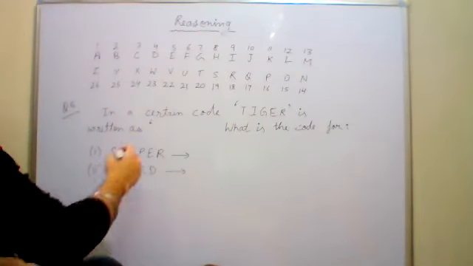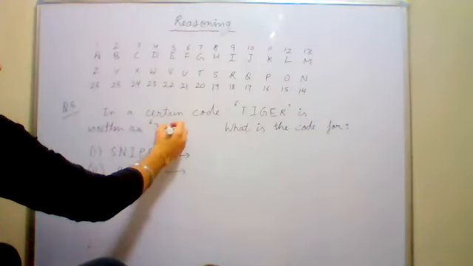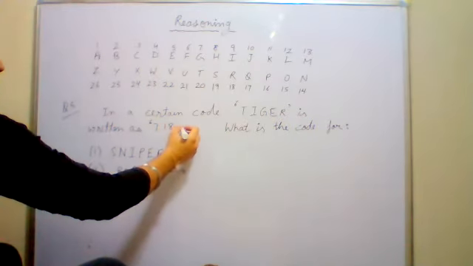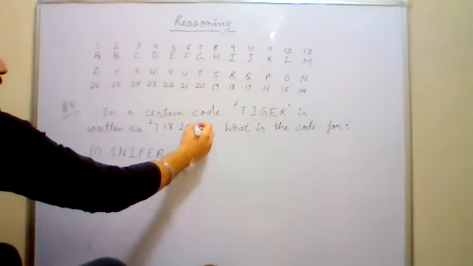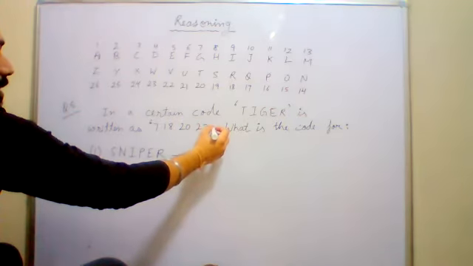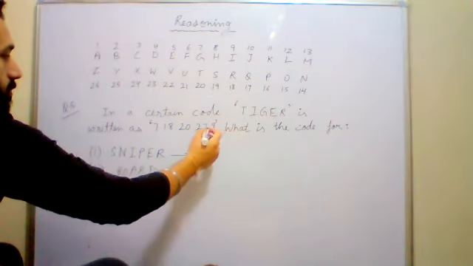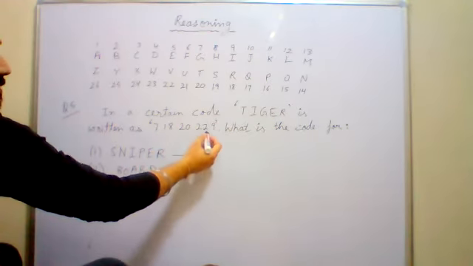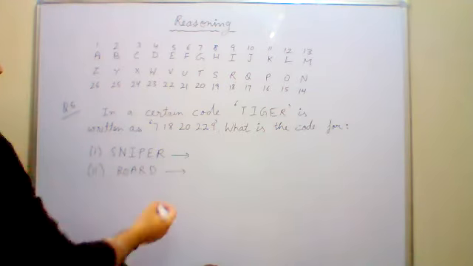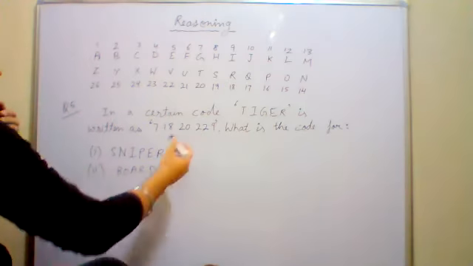Code for tiger is 7, 18, 20, 22, 9. This is the code for tiger. 7, 18, 20, 22, 9.